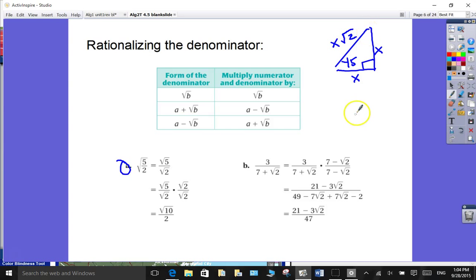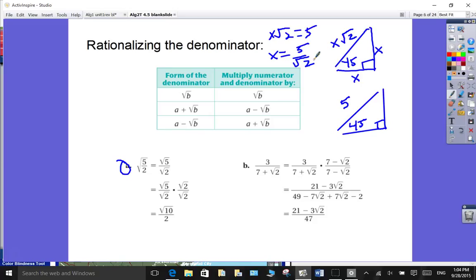If they gave you a triangle and said it was 45, 45, 90, and that the hypotenuse was 5, then you would solve for x by saying x times the square root of 2 equals 5. And if x times the square root of 2 equals 5, then x equals 5 divided by the square root of 2. And then you had to rationalize the denominator. I don't know if you remember doing this, but you did do this.